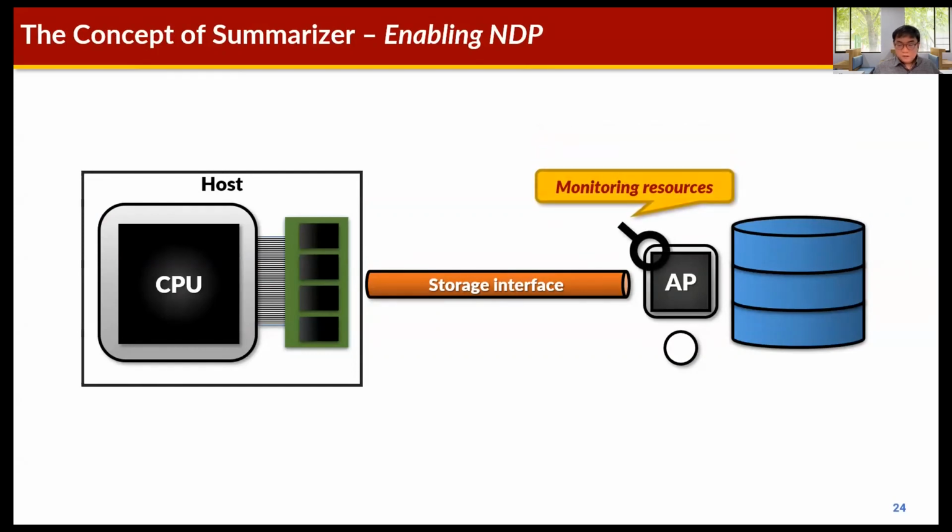The Summarizer monitors the available resources in the SSD, and if the SSD has enough resources for in-SSD computation, then near data processing is applied. The computation kernel is executed by the storage processor, and NDP is applied. Then the storage can send a very small size of data to the host.